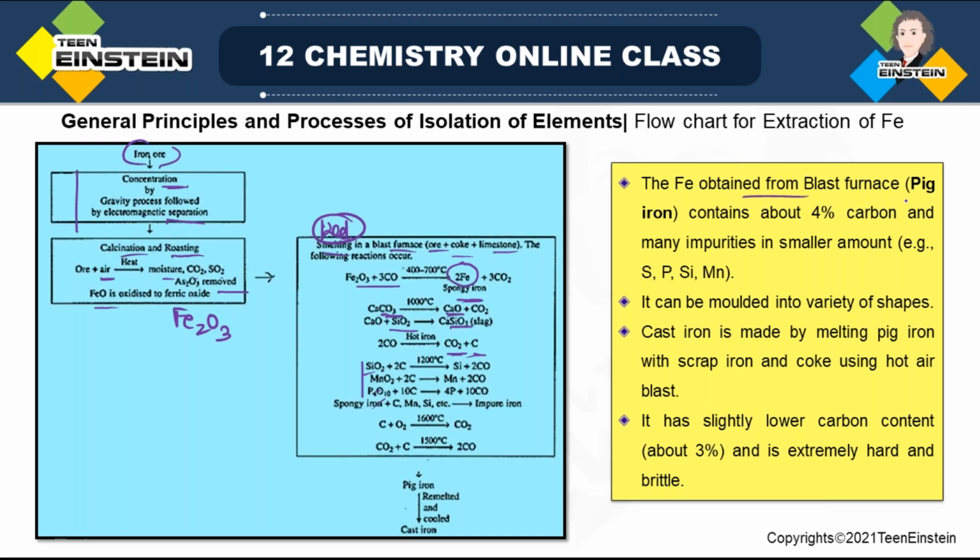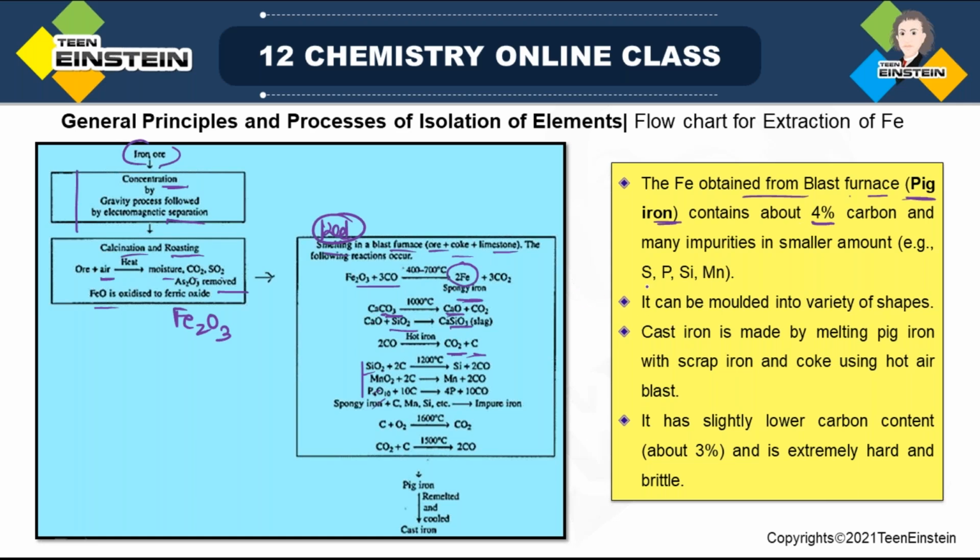The iron which is obtained from the blast furnace is known as pig iron. It has a specific name because after pig iron, further purification is done, then there is another name and a different carbon content. When we say it is pig iron, it contains about 4% carbon. That is, there are still some impurities present. It is not 100% pure.